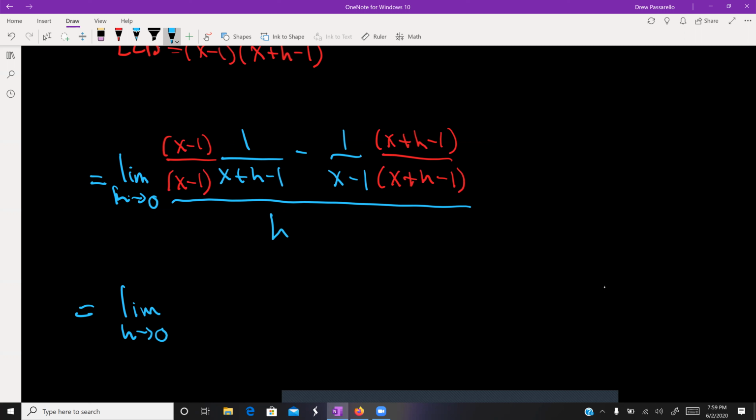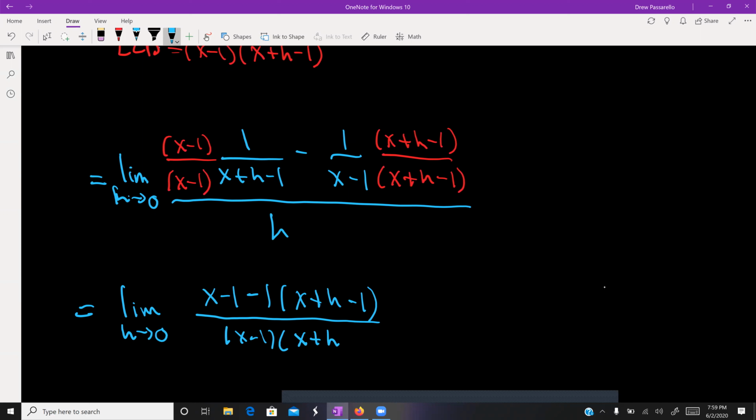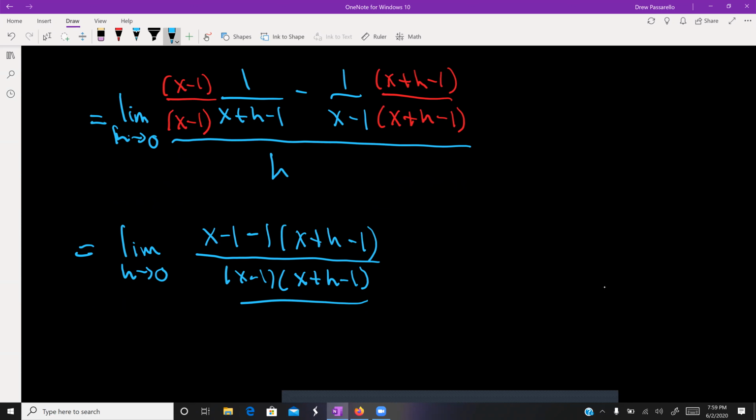I have x minus 1 times 1, which is x minus 1, and then minus 1 times the x plus h minus 1, all of that over the common denominator, x minus 1 times x plus h minus 1. And again, everything's being divided by h.